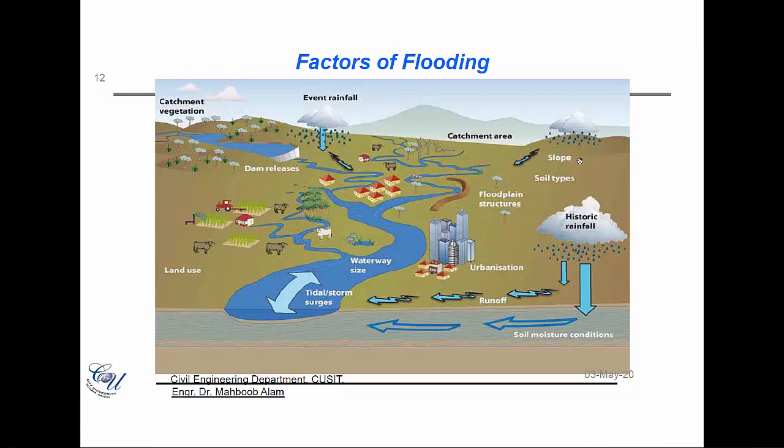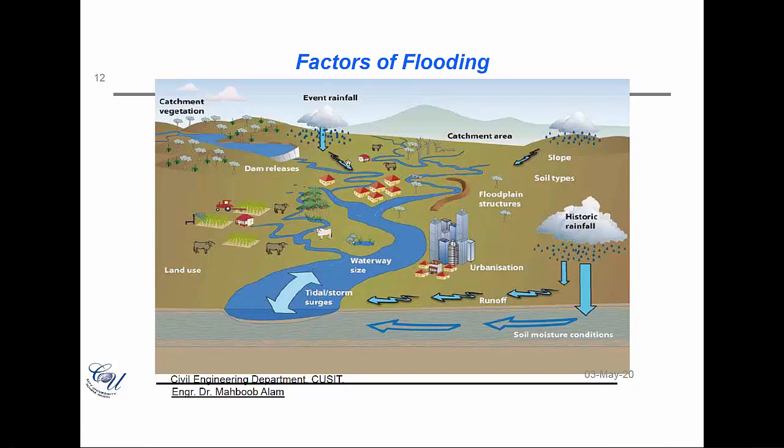What is the area like where the precipitation is occurring? If the slope is steep, then obviously most of the precipitation that is occurring would have very little time for infiltration. It will come to the stream very quickly, resulting in discharge.